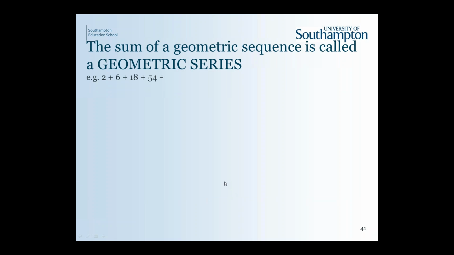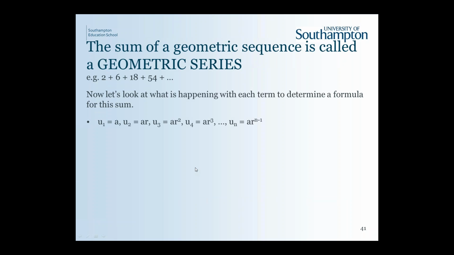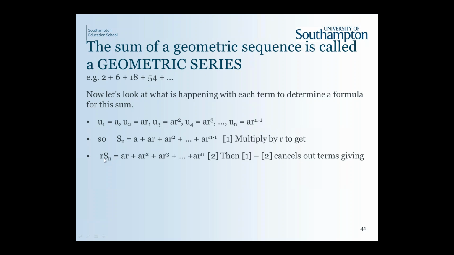So a geometric series or progression is when you sum the sequences. Looking again at how we get a formula, if we're summing these together, we get a plus ar squared plus ar cubed and so on. Little trick which someone realised, if we multiply it by r, so we've got r times Sn, then we've basically multiplied everything by r.